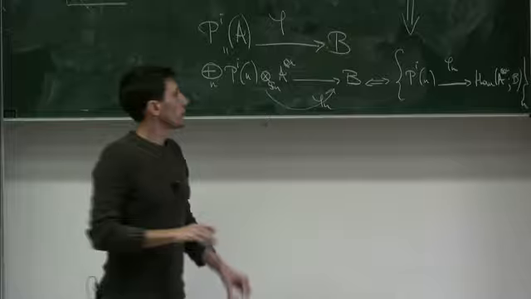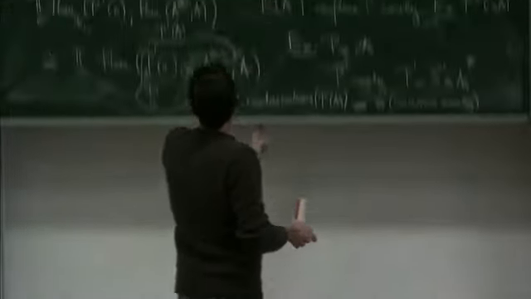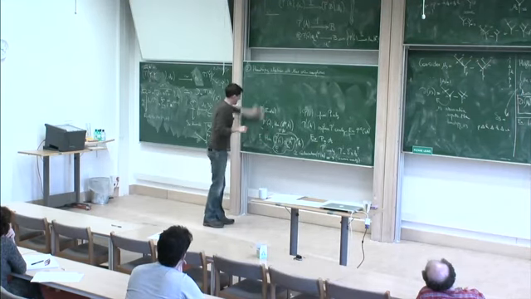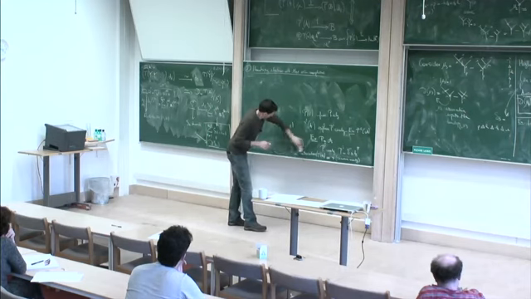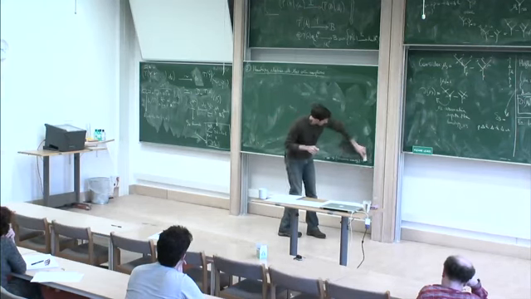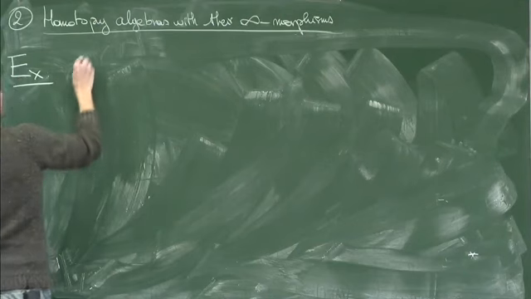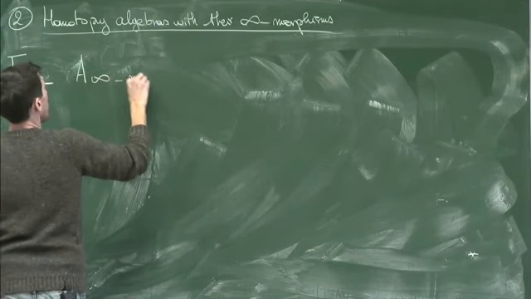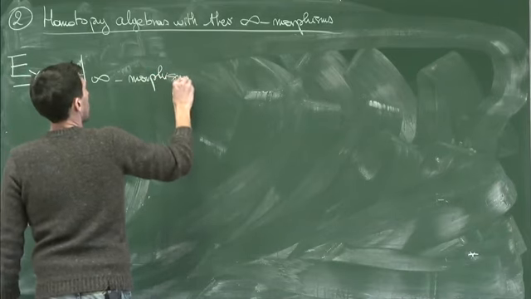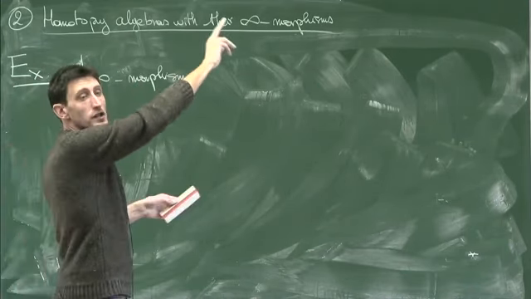Wow. So for instance, if you consider the example, what is an A infinity morphism? You can say that it is a morphism of DG coalgebras.